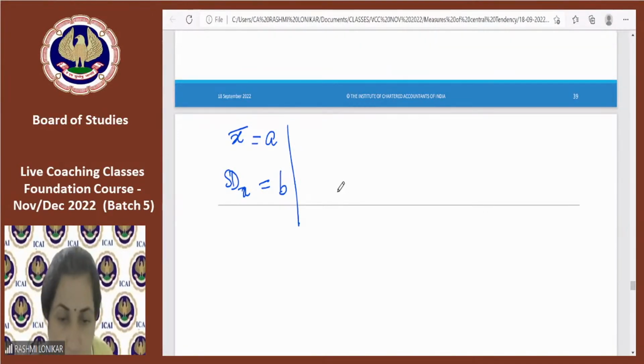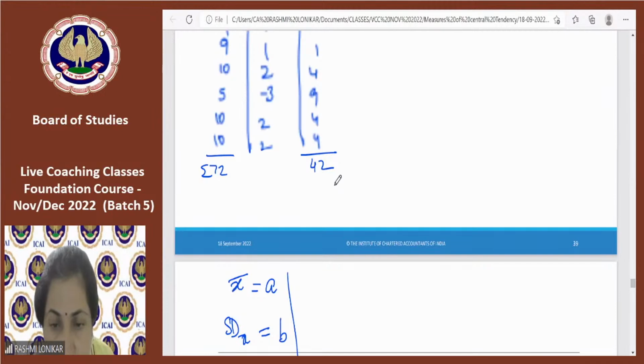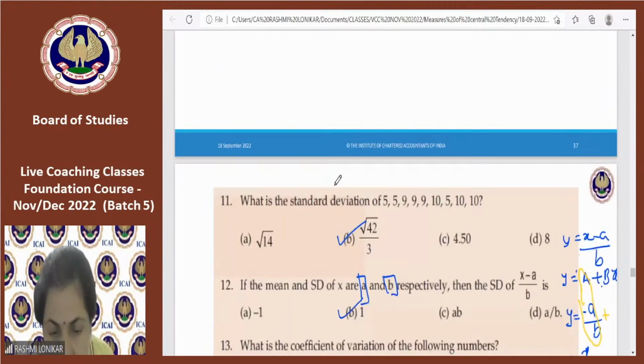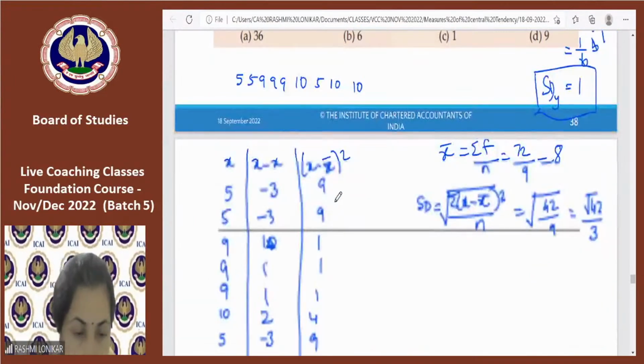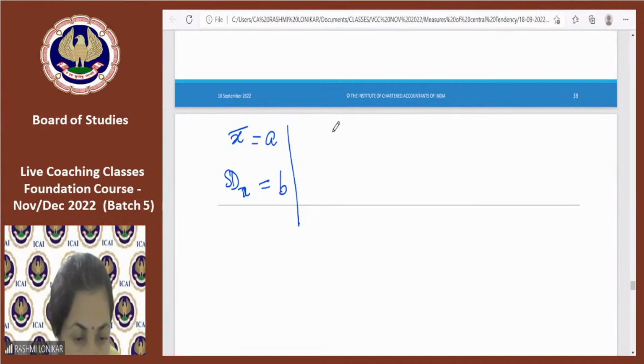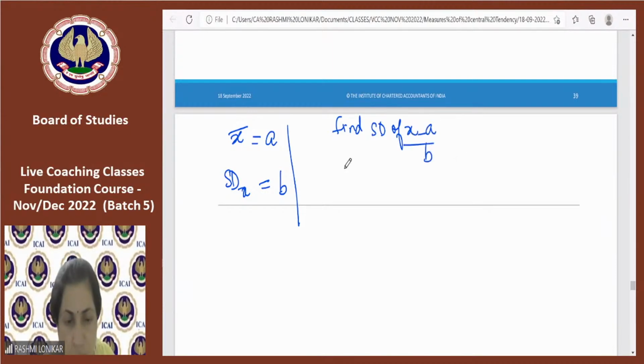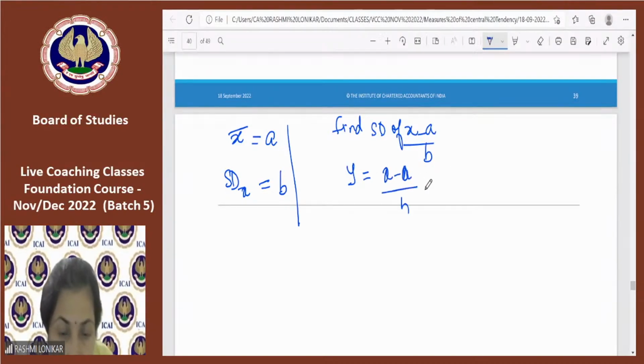Now we want to find the standard deviation of (x minus a) upon b. So what I do, I will put this as y is equal to (x minus a) upon b.